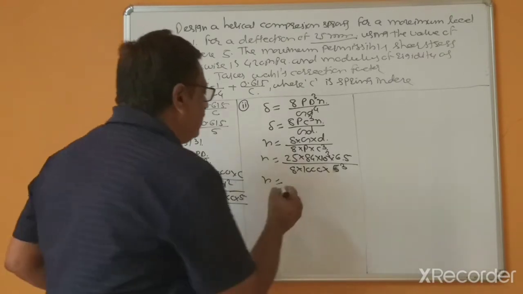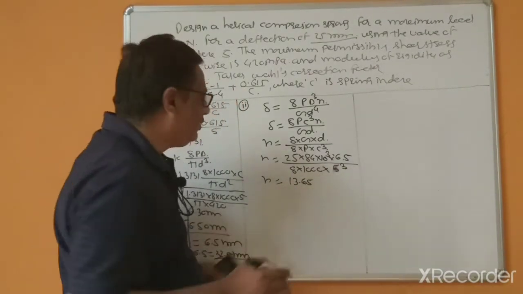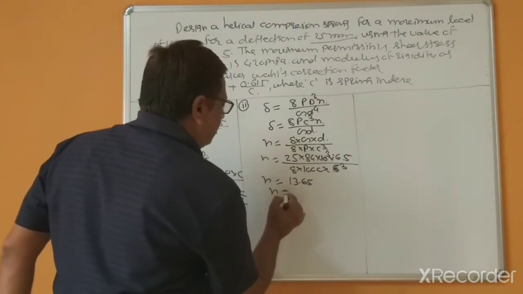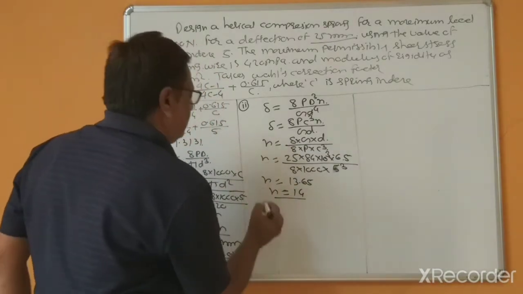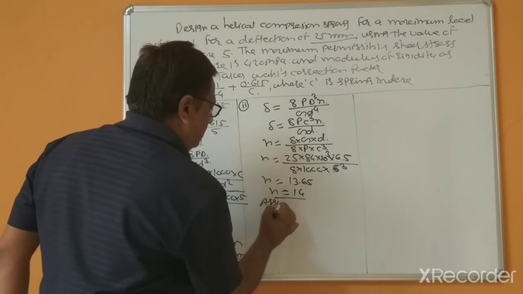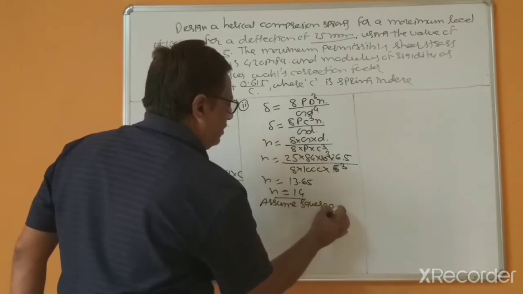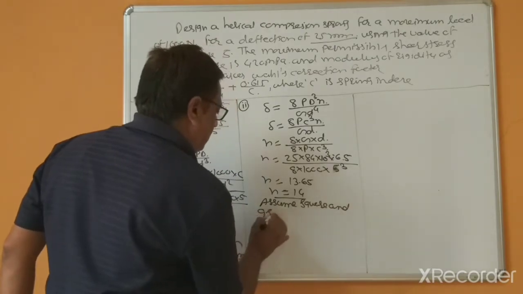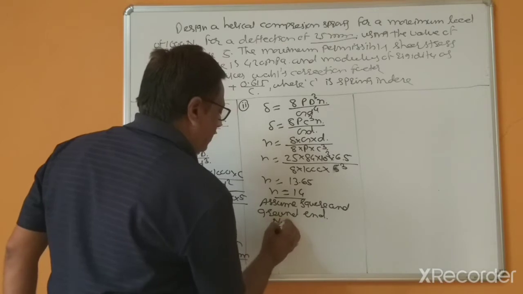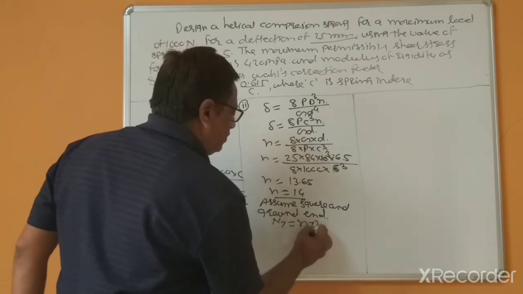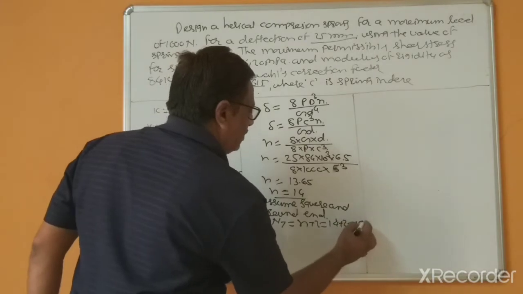So this is 13.65. So that's why we have to round, and this is 14 number of turns. So assume this is square and ground ends. So that's why Nt equal to N plus 2. This is 14 plus 2 equal to 16.